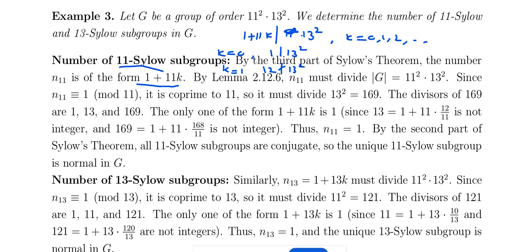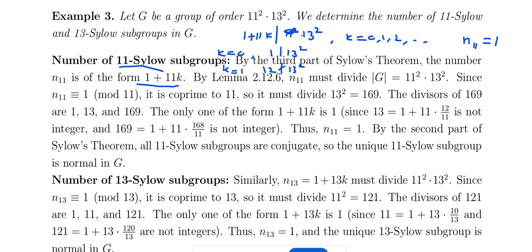So therefore n11 equal to 1, the unique one, and we call it normal.